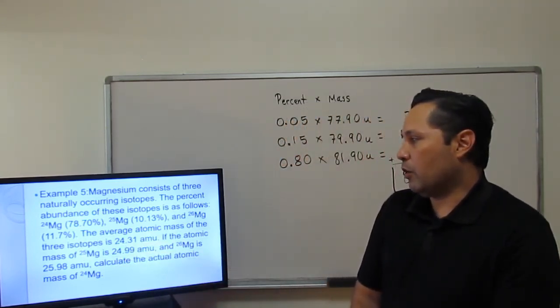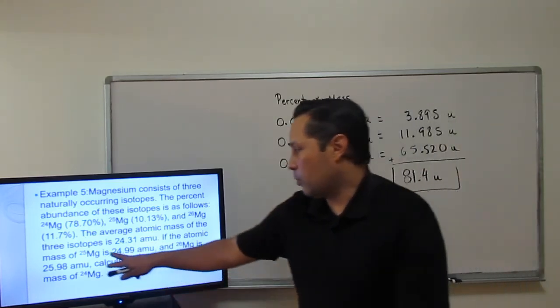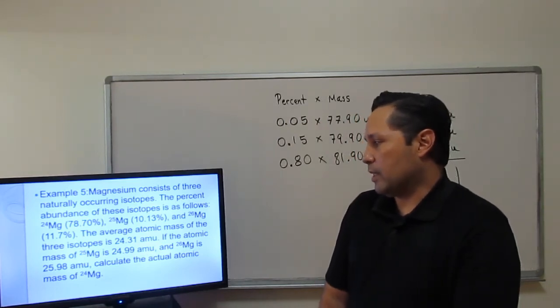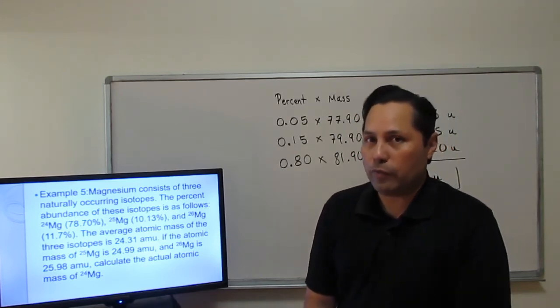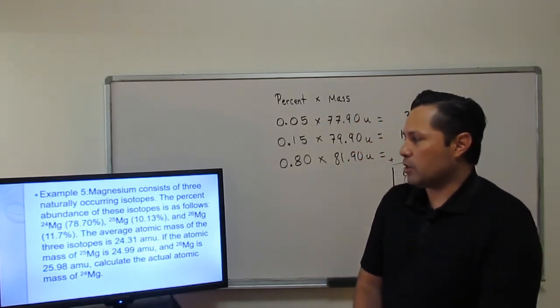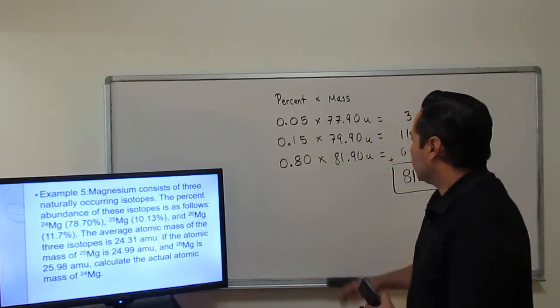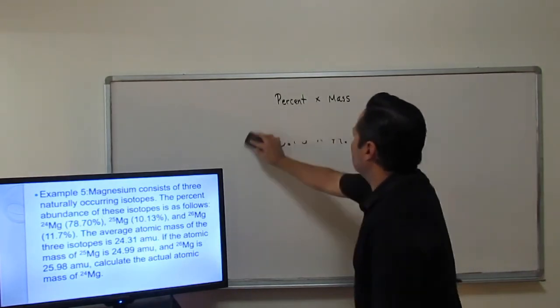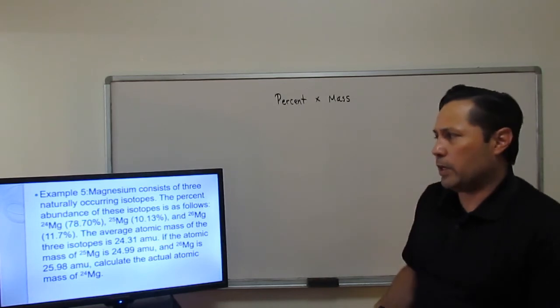If the atomic mass of magnesium 25 is 24.99 AMU, and for 26 is 25.98, calculate the actual atomic mass of magnesium 24. Alright, so this is a challenging problem.